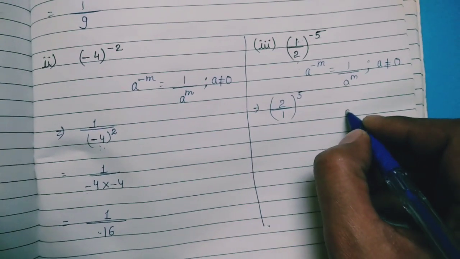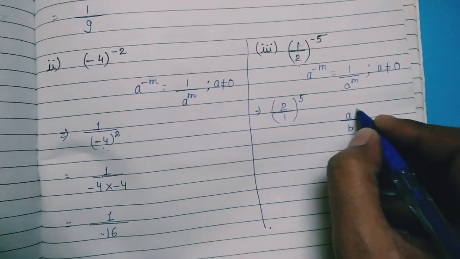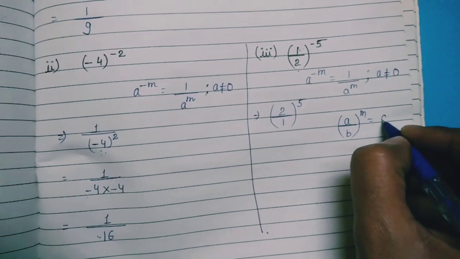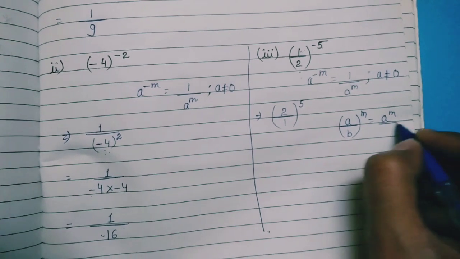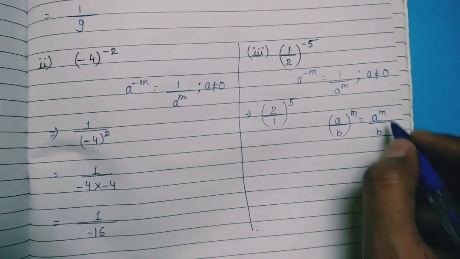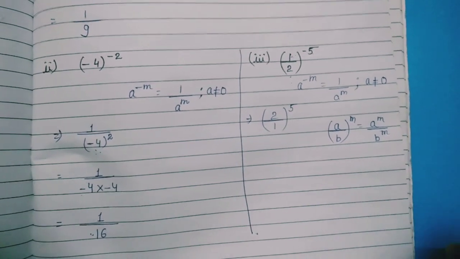Simply by the identity, when a by b raised to the power m, when we open the bracket, on that time the exponent will go near to each of the places, a raised to the power m and b raised to the power m.